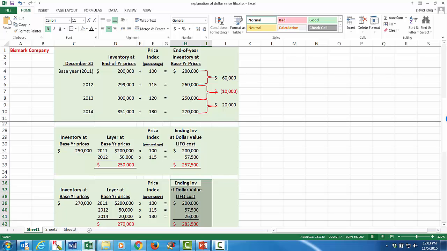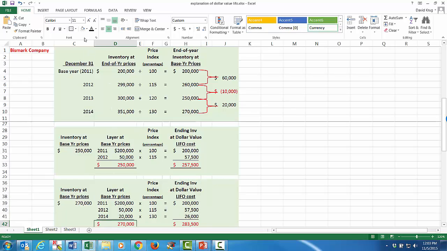Now, one thing I want to make sure that you focus on is that this value right here, let me highlight it in yellow, is always equal to that value that's showing right there, the inventory at the base year prices. And that's also showing right there. I'll do it with a different color here.